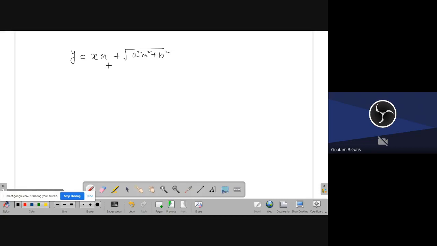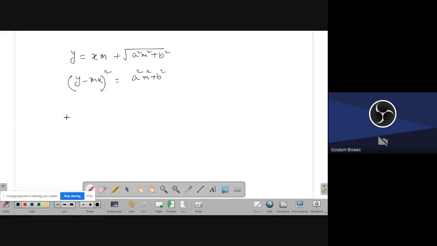Envelope of the family of straight lines. So here our equation is this. We can write it as (y minus mx) whole square is equal to a square m square plus b square.